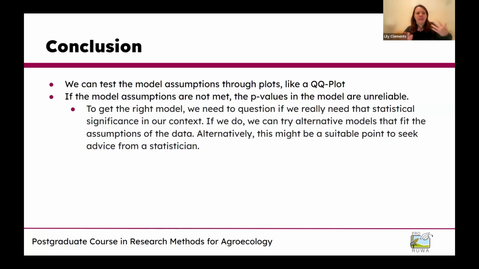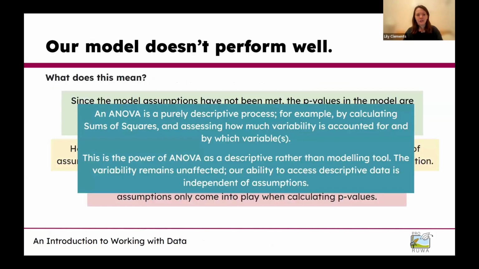Well, as we say, if the model assumptions are not met, the p-values in the model are unreliable, but actually if we're using an ANOVA as a descriptive tool, then the variability is unaffected by these p-values, I suppose.